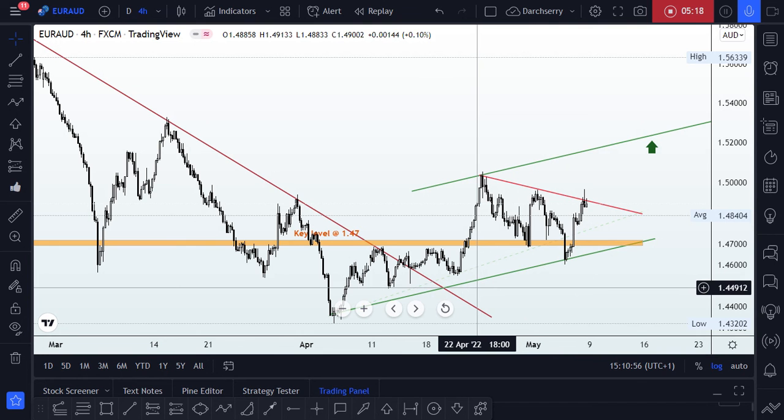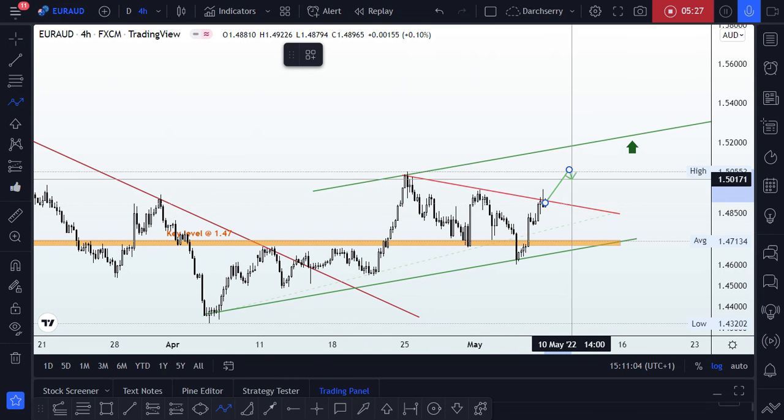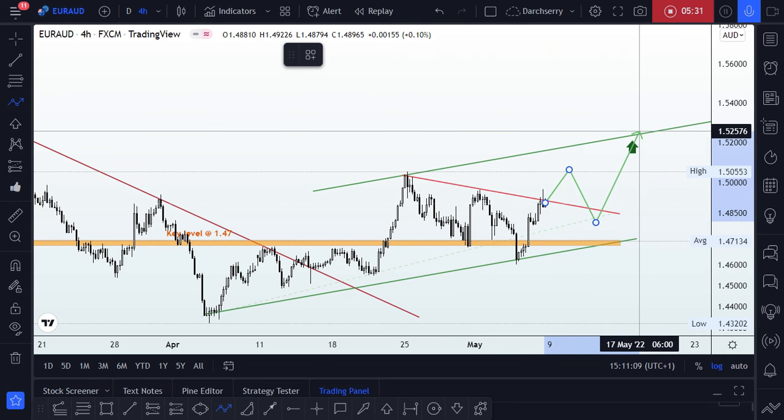Like I said earlier, we have the possibility that price might do a trend continuation, respecting that channel with a breakout of structure, a retest into this green dotted line and price sent to the upside.